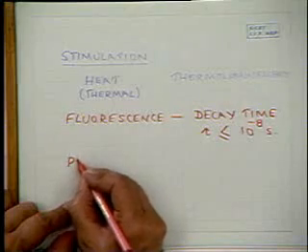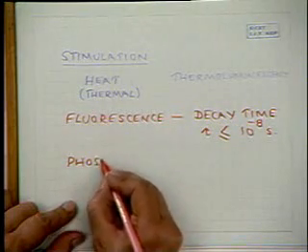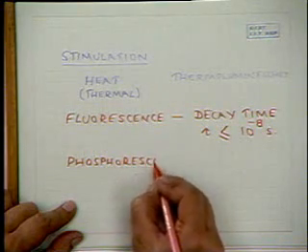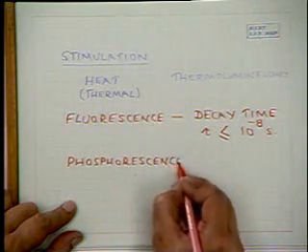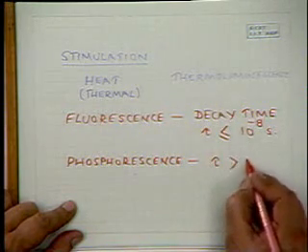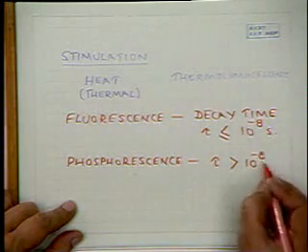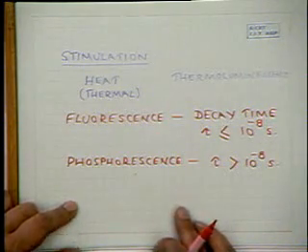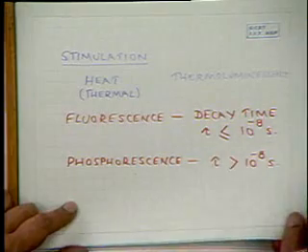And phosphorescence is said to occur when the decay time tau is greater than 10 to the power minus 8 seconds. These are rather loose definitions which divide the same phenomena.